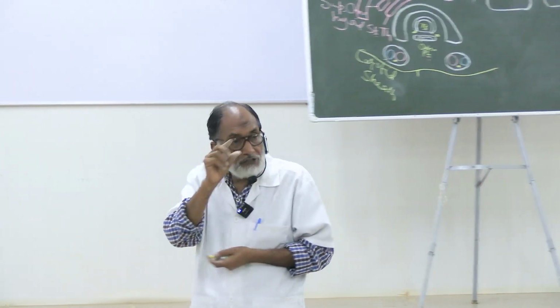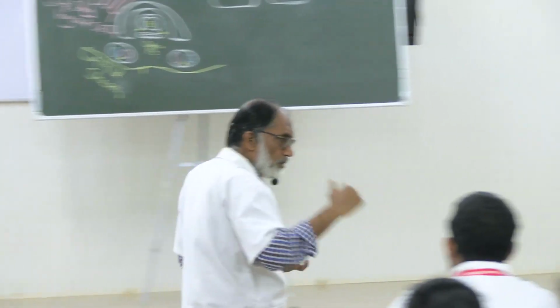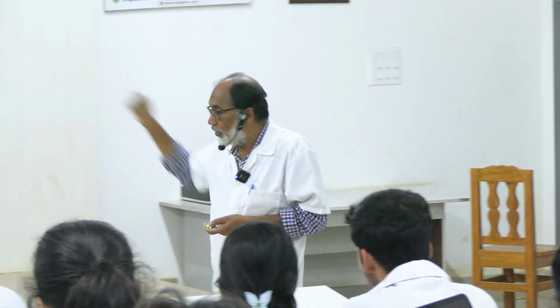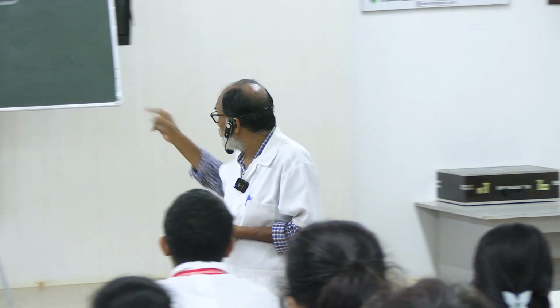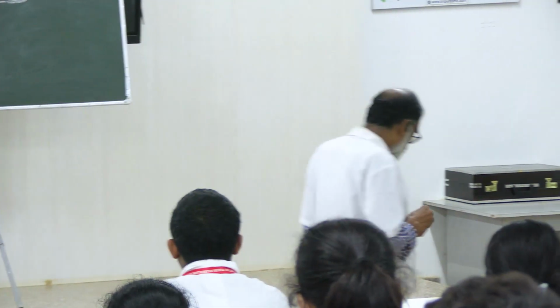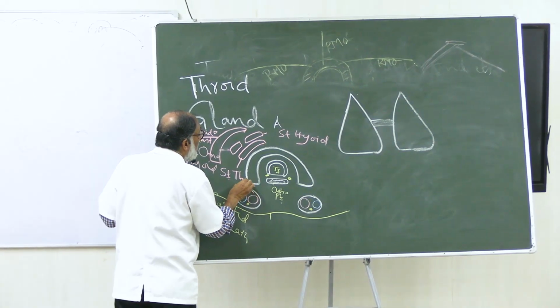Now, the parathyroid gland, you know, lies in relation to the thyroid gland. It lies between the true and false capsule and at the posterior border. At the posterior border, it lies between the true and false capsule. Now I will draw it. This is the pretracheal layer.